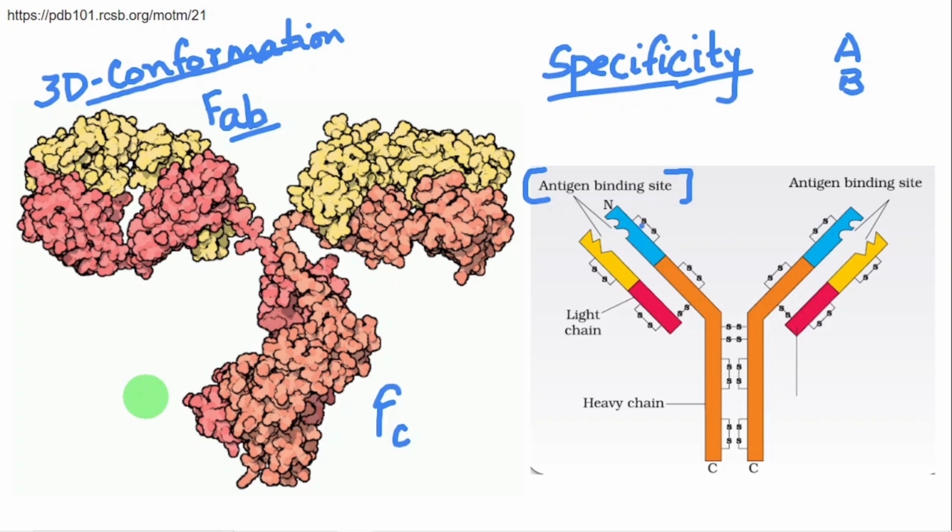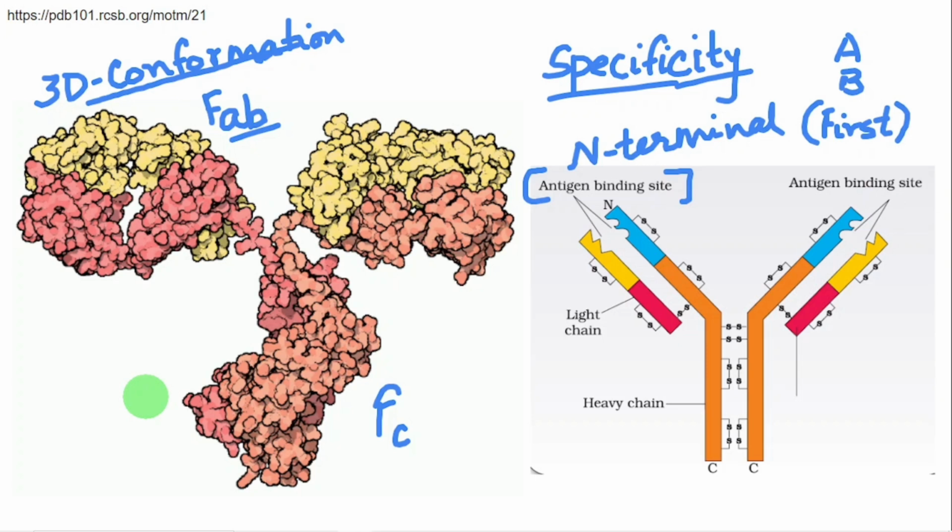So this region is also the N terminal. Okay, remember one thing. See, they have written N over here and C over here. So N indicates N terminal. N terminal is the first amino acid of the polypeptide. Polypeptide is a polymer.